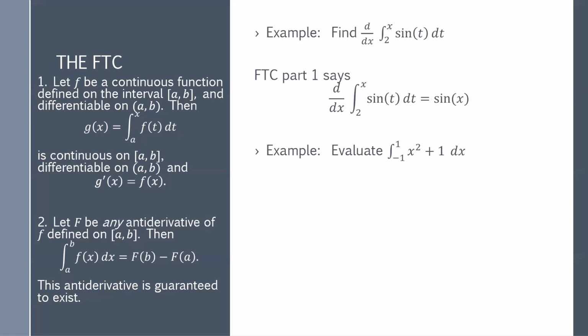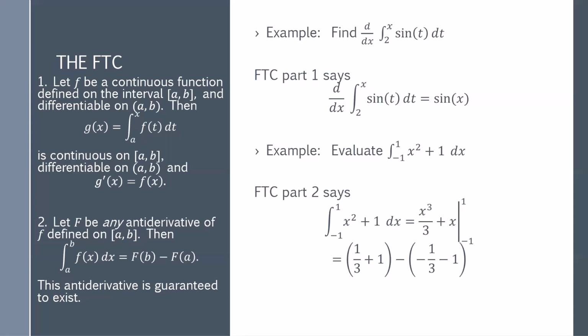As another example, let's evaluate the area under the curve of x squared plus 1 between -1 and 1. Well, by the second part of the Fundamental Theorem of Calculus, we can take any antiderivative of x squared plus 1, for example, x cubed over 3 plus x, and evaluate at our b and our a, so our 1 and our -1.